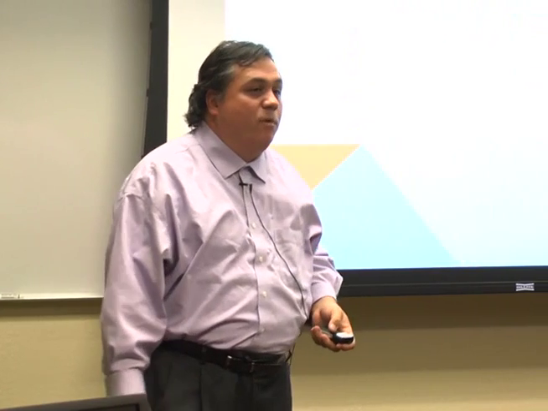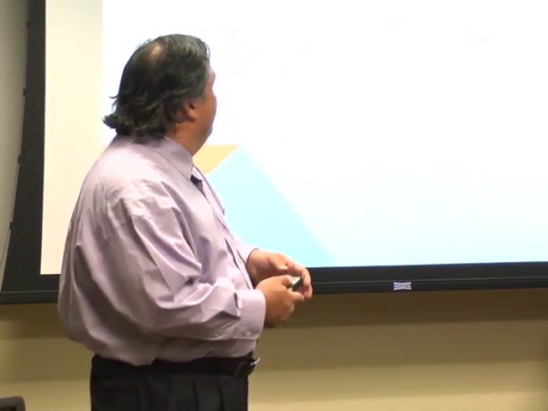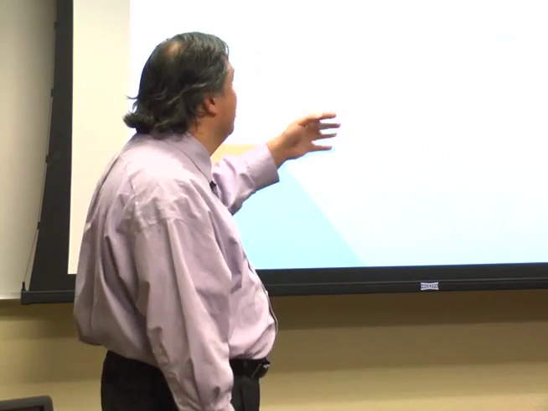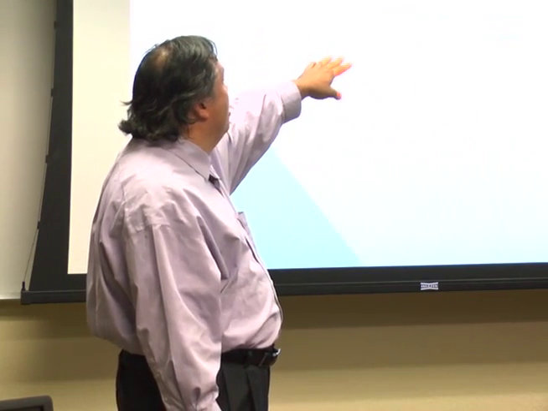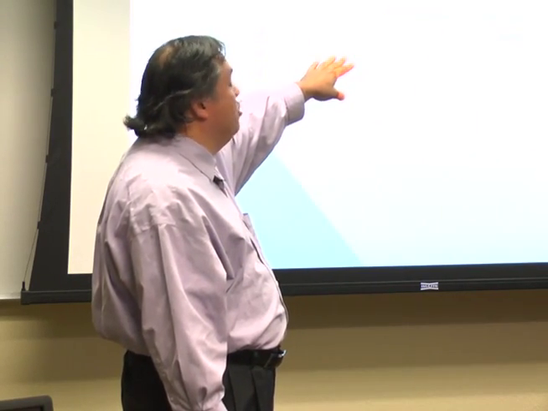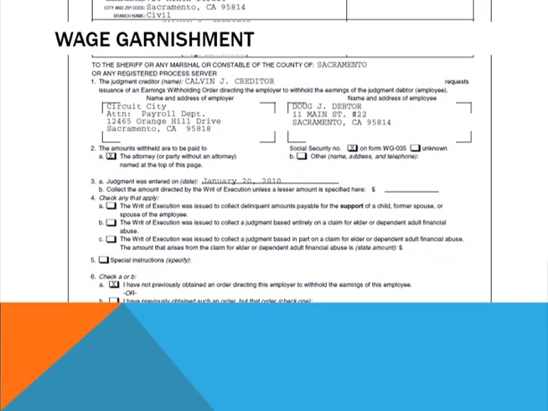Now, they used to have a spot on this form to write down the last 4 digits of the person's social security number, but since there's heightened concern about identity theft, and because this document will eventually be returned to and filed with the court by the sheriff, they have a form now, WG-035. If you know the person's social security number, you fill it out on that form. Otherwise, you just indicate that it's unknown.